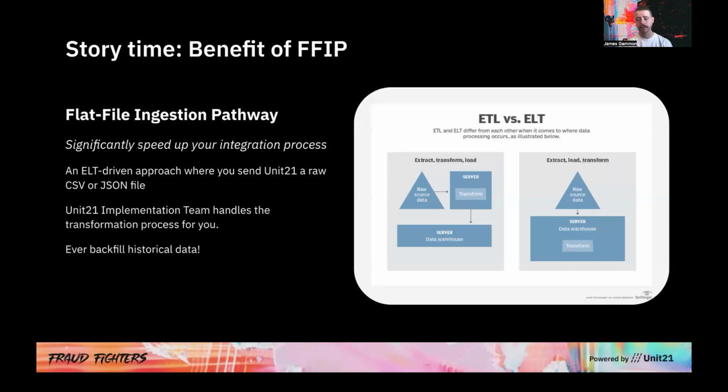But realistically, rather than having to do the transformations on your end to that data, Unit21 will handle that. You just give us the raw data. We have a discussion about how it should come in, and then Unit21 shoulders the burden of actually getting that data in properly.